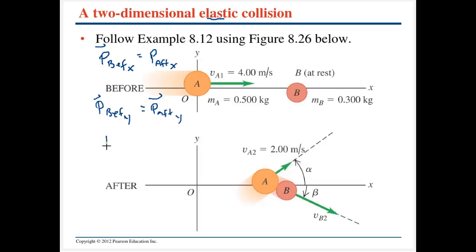However, energy does not have direction associated with it, so we're still only going to have one kinetic energy equation. Kinetic energy before has got to be equal to the kinetic energy afterwards, and we proceed to solve the problem following example 8.12.